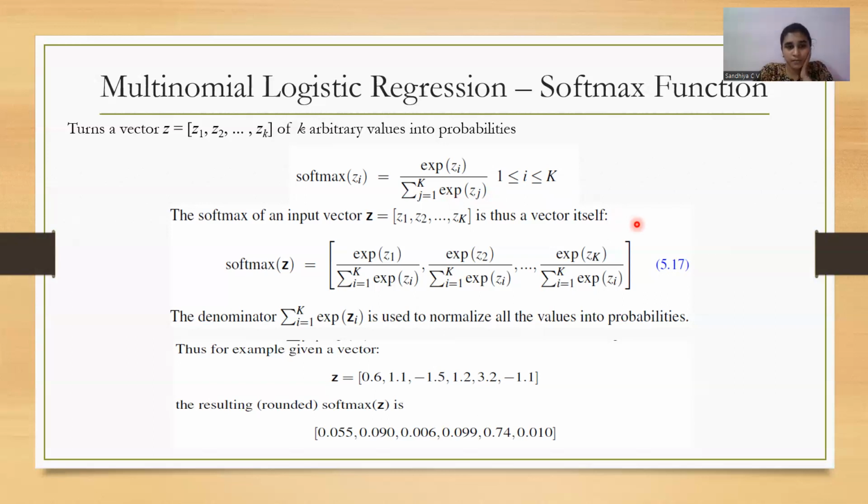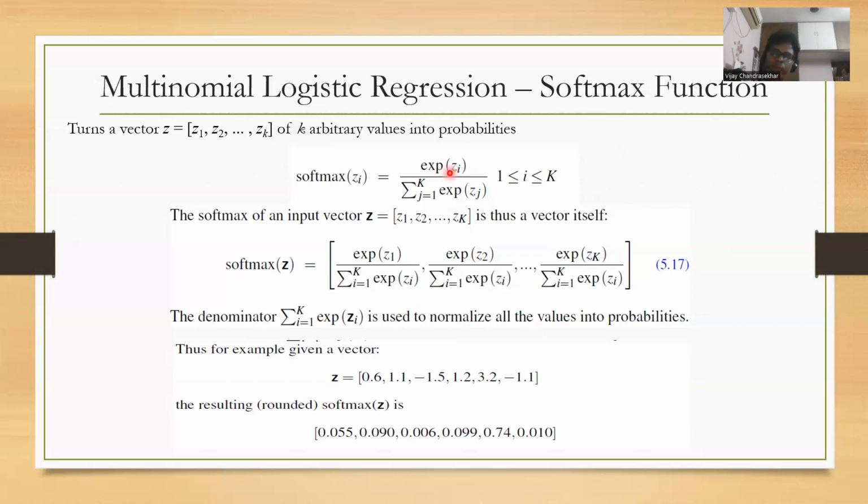Exponential of something will be positive, right? You raise a number to e, then that number will always be positive, no doubts at all, correct? So evidently this is positive.